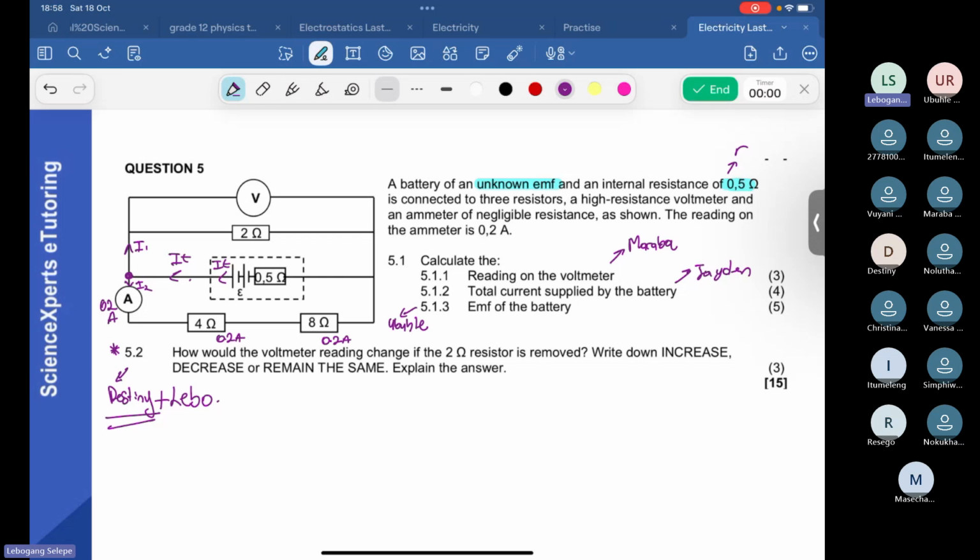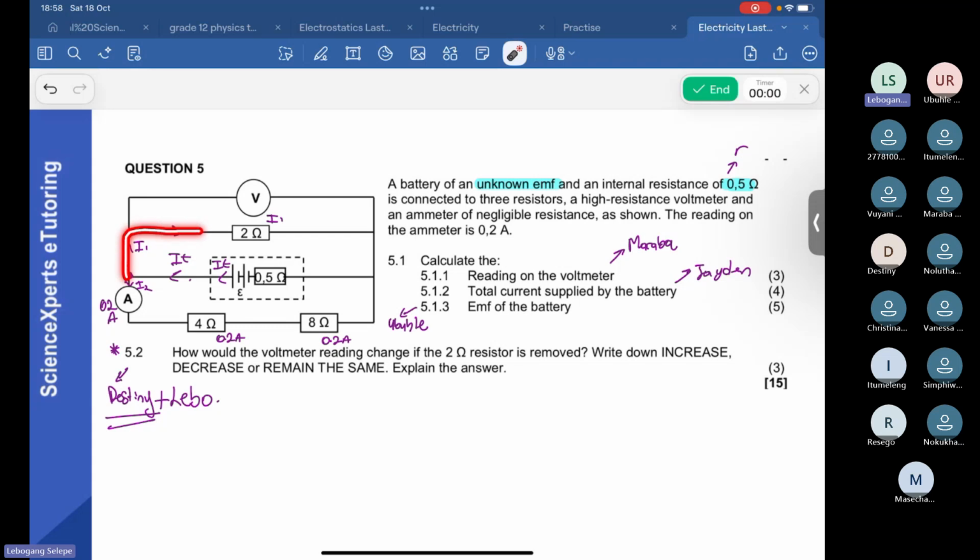Then here you see that you would have I1 passing through there. Then remember, a voltmeter has very, very high resistance such that no current would want to go there. I don't make the mistake of saying some of the current would go there.